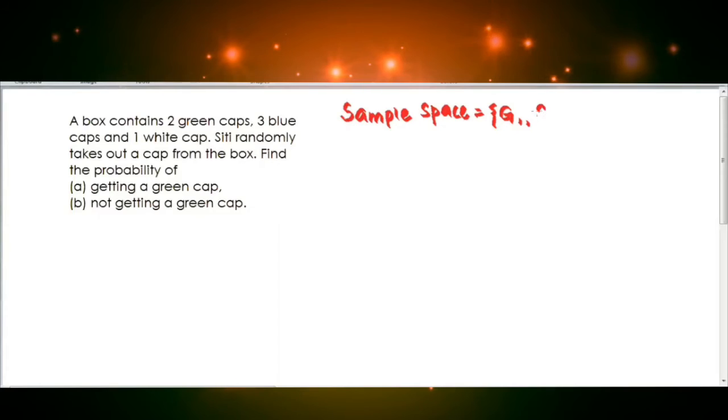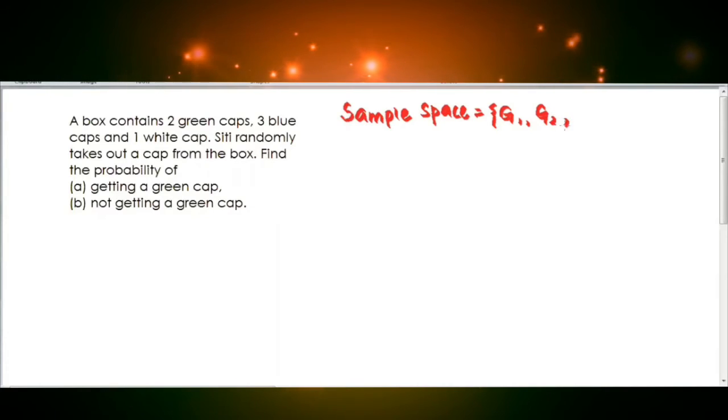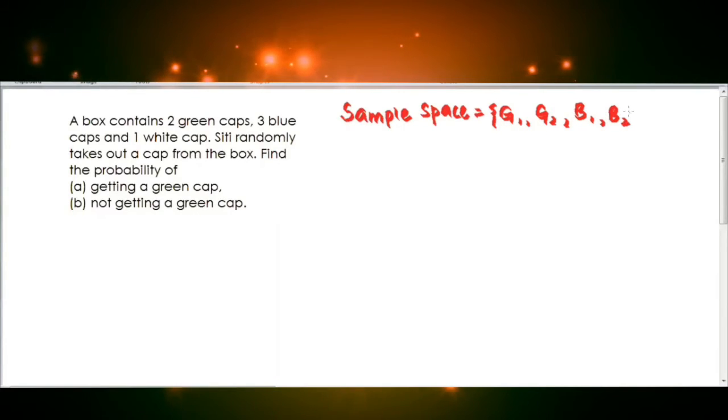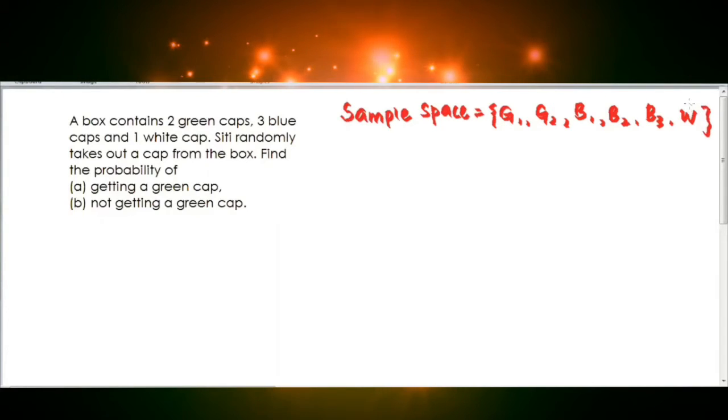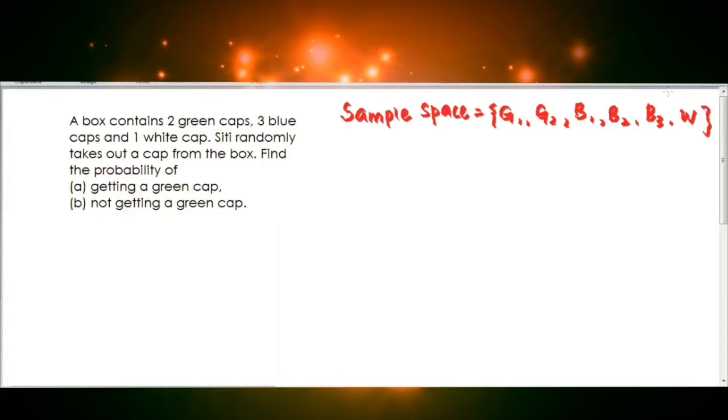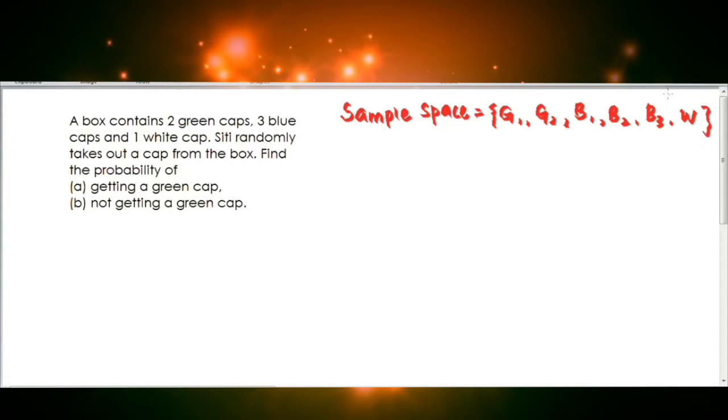There are 2. And blue, there are 3 blue. Or maybe we will get the white one. So let G1, G2 be the green cards, B1, B2, B3.